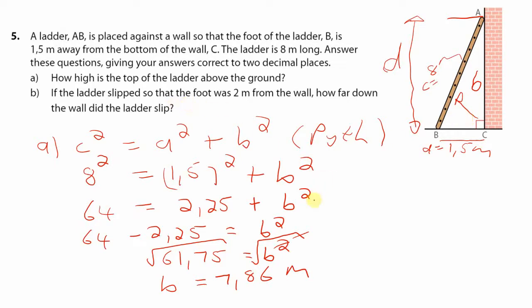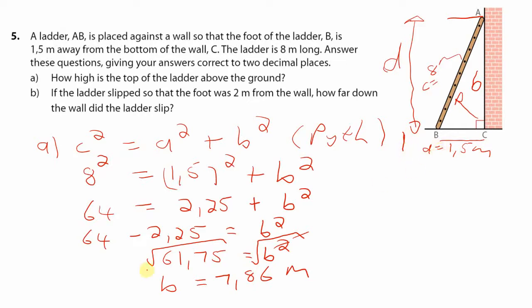Okay, so now number B is the next one we need to focus on. If the ladder slipped, so the foot was 2 meters from the wall. So now this ladder slips, instead of being 1,5 meter, it slips so that it is 2 meter, maybe somewhere here.